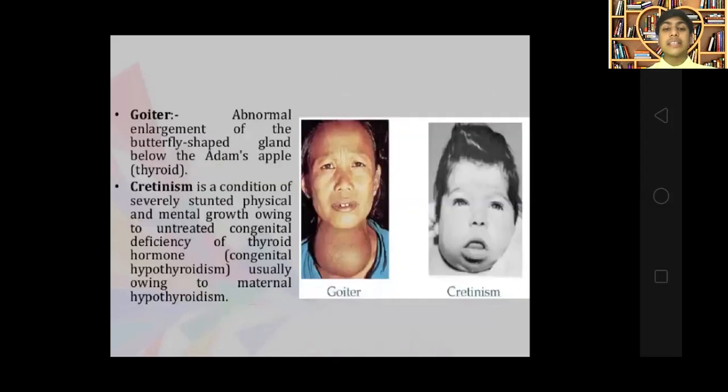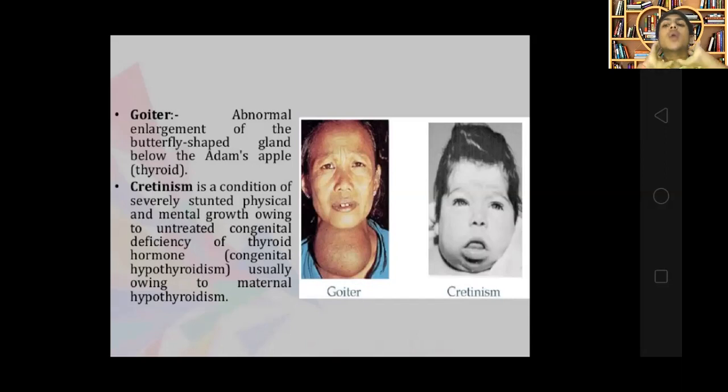Now we can see these are the different types of diseases that occur due to the thyroid gland. If we have not taken proper intake of iodine in our body, then abnormal enlargement of the butterfly-shaped thyroid gland, at the Adam's apple, occurs. It is called goiter.